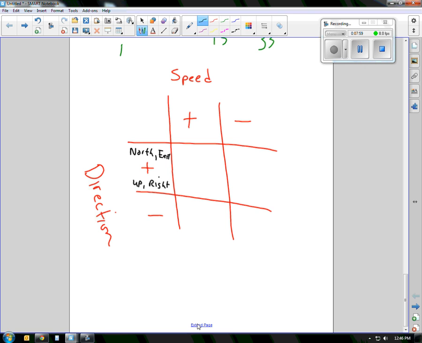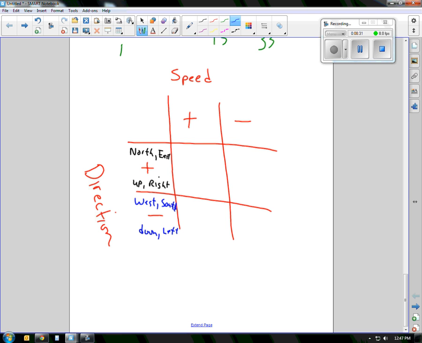And then our negative directions: west. That is correct. Finally. Okay, south, or we could say down, and to the left would be negative directions. So that's a good way to remember those directions as positive or negative. So let's think about this for a minute.